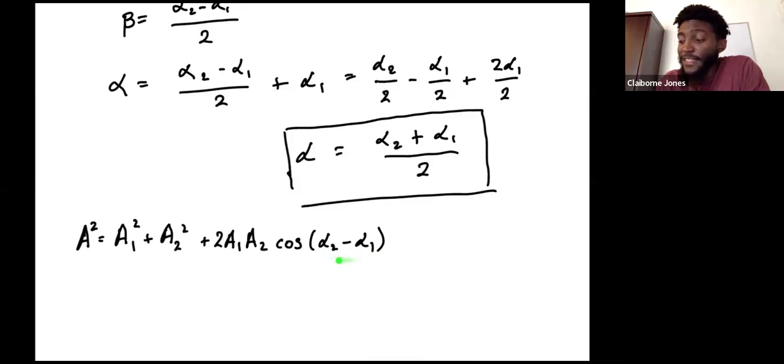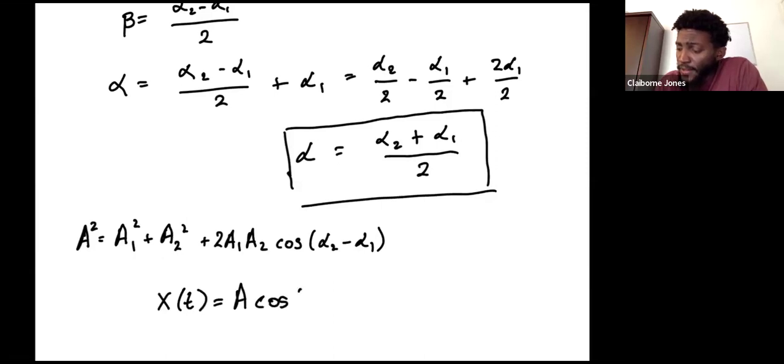It's actually related to the phase difference between our disturbances. And lastly, we found that alpha is equal to the average of our two phases. That would be the characteristics of our resultant x of t, which is a cosine omega t plus alpha, with the same frequency.